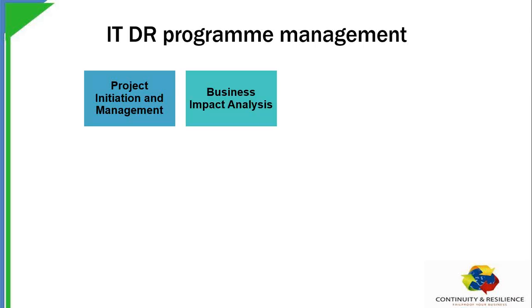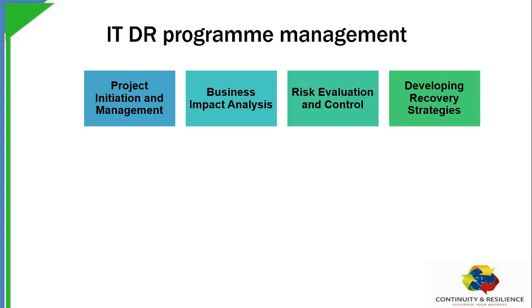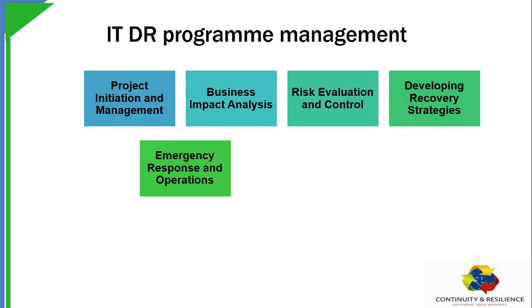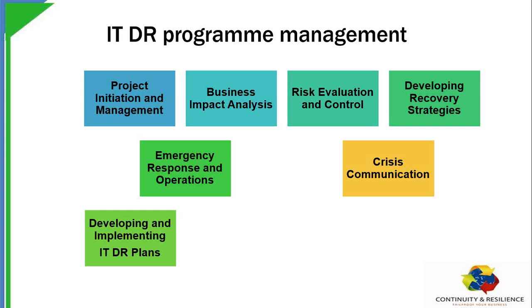You will probably start with initiating the management system, and then you'll do a business impact analysis. You'll do a risk assessment. That's your risk evaluation and controls. You will develop recovery strategies. Then you will identify the emergency response and operations. You will also identify your crisis communication. You'll be developing your ITDR plans and implementing those ITDR plans.